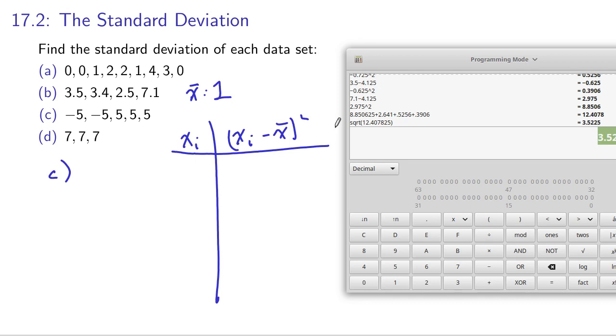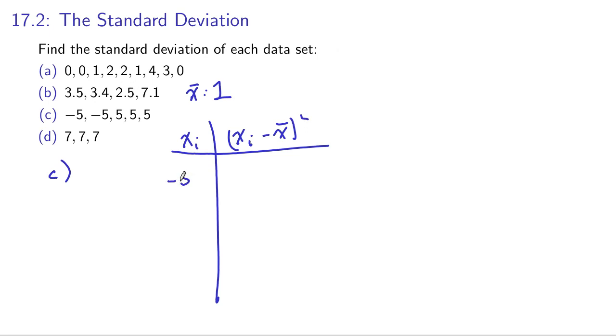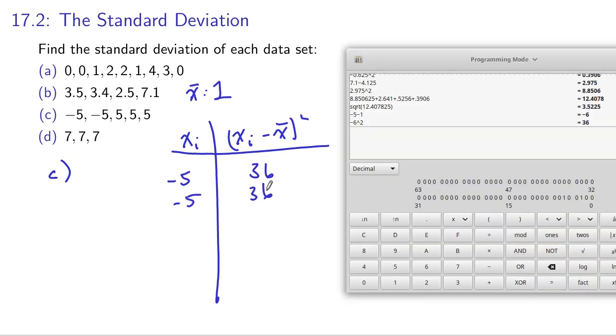So we take minus 5 minus 1 and get minus 6 squared is 36. So here we have minus 5 is worth 36. And the 5s are going to be worth 5 minus 1 squared, 16.